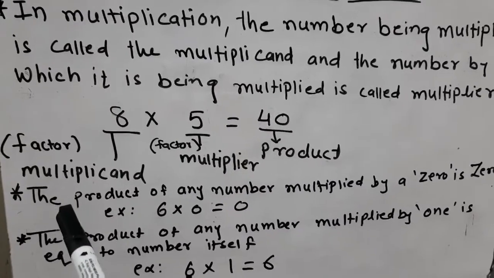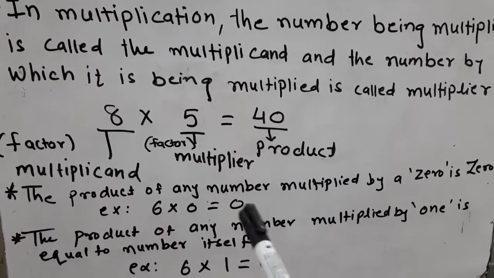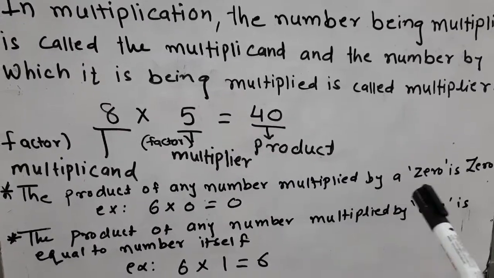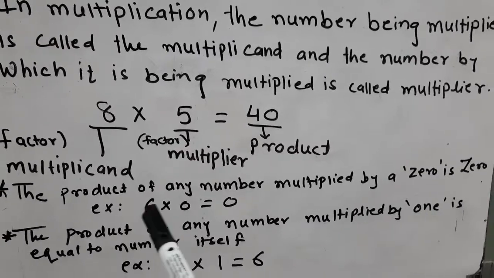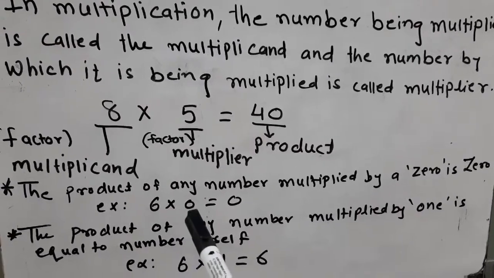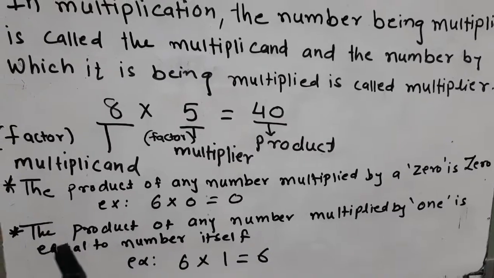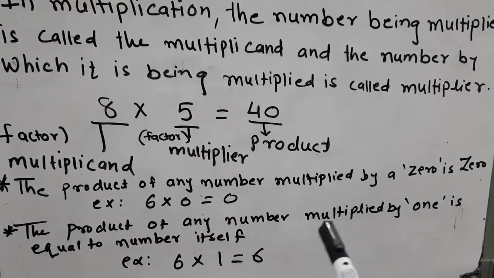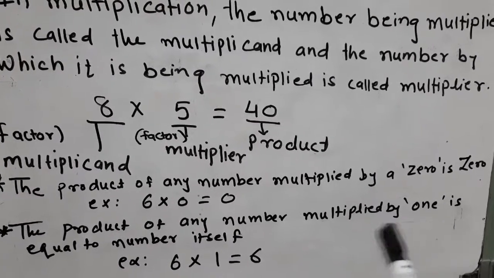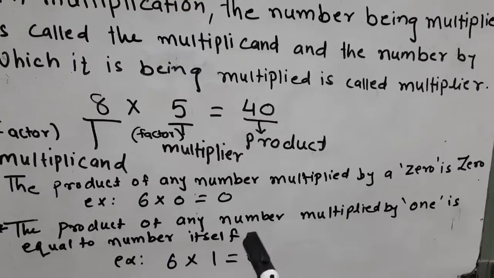The next point: the product of any number multiplied by 0 is 0. For example, 6 multiplied by 0, the answer is 0. Third point: the product of any number multiplied by 1 is equal to the number itself.